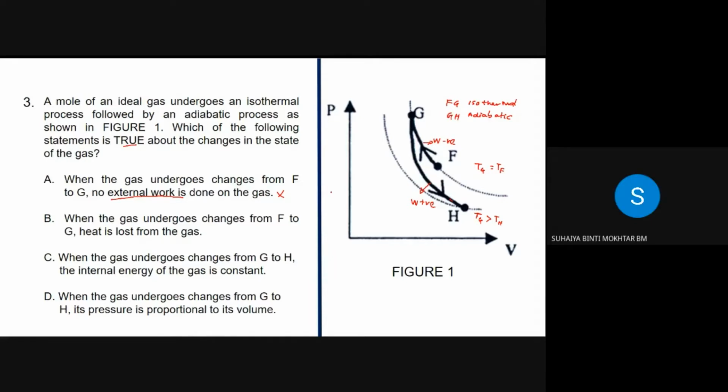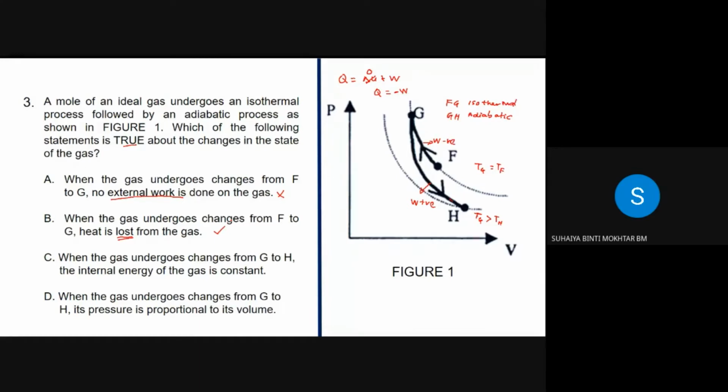The first law of thermodynamics, Q equals delta U plus W. For isothermal, delta U equals 0, so you get Q equals W. Here the gas is compressed, the volume decreases, so work done is negative. Work done negative means the value of Q is negative. So heat is lost from the gas. Right. Because the work done is negative in compression.